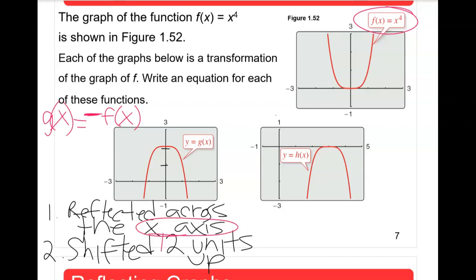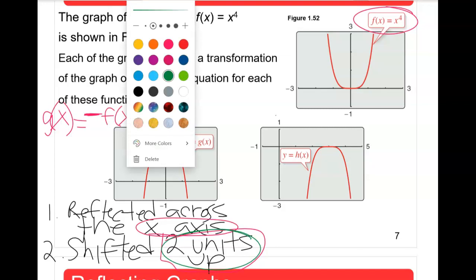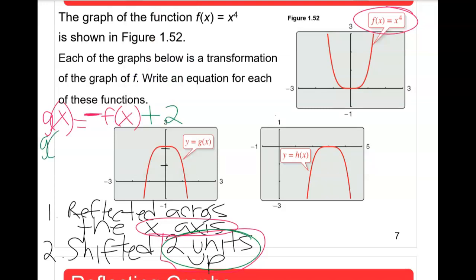And then also we move 2 units up, so we will put a plus 2. Now, to write the equation I'm going to use the opposite of f of x, so that will be negative x to the 4th, and then we will have the plus 2 after that. That indicates a vertical shift. If you're not sure, you could always graph them on Desmos or your calculator so you can check your work.